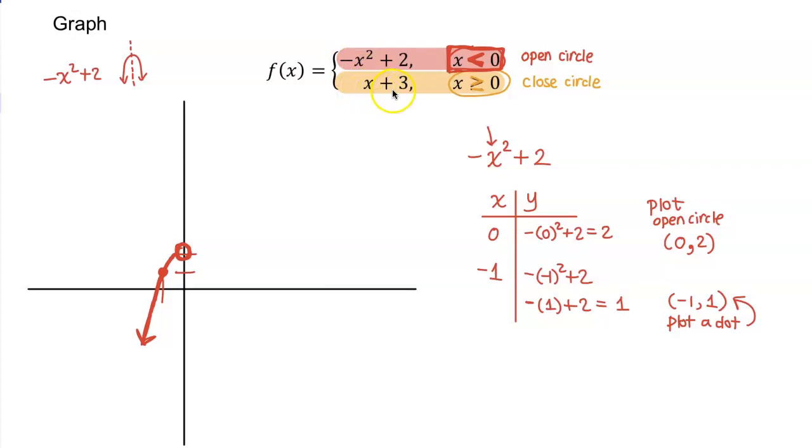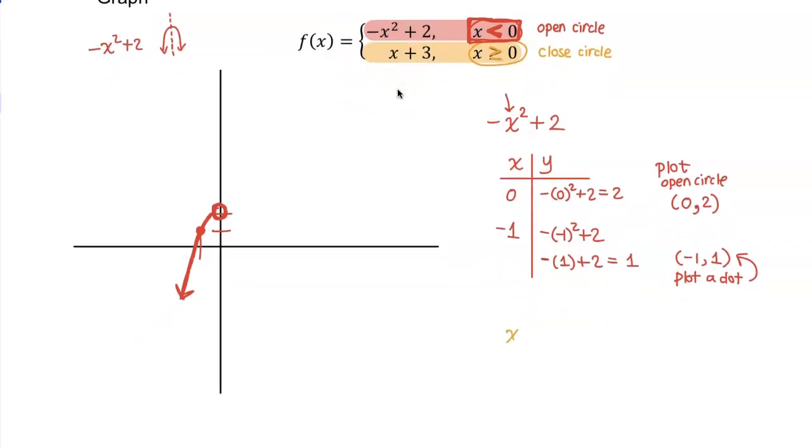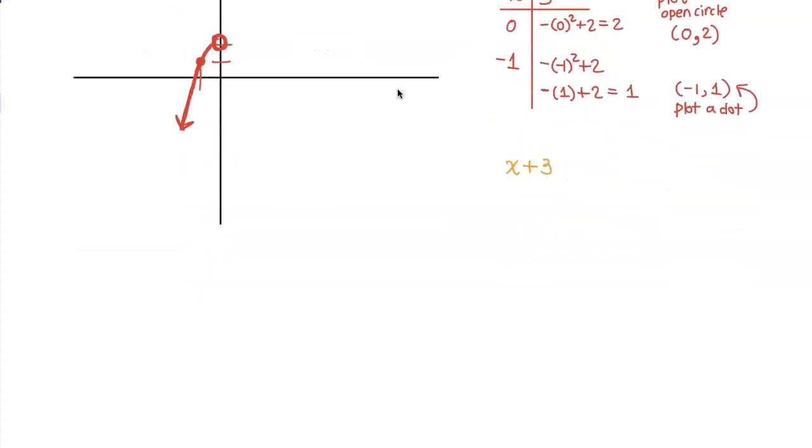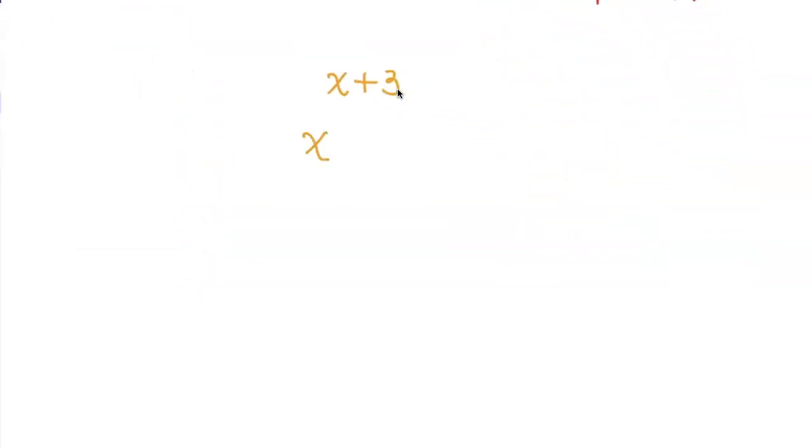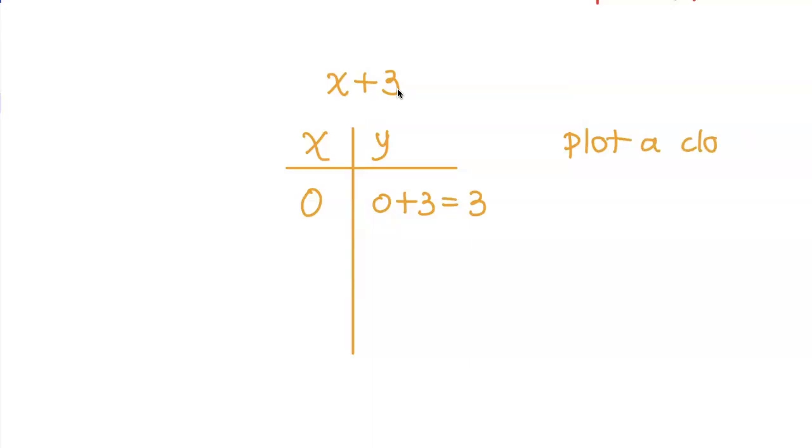Now let's do this orange piece. The function is x plus 3, and they said use this for x values greater than or equal to 0. So of course I'm going to plug in the 0. If I plug in 0, I will get 3. And as we discussed earlier, we will plot a closed circle at 0, 3.